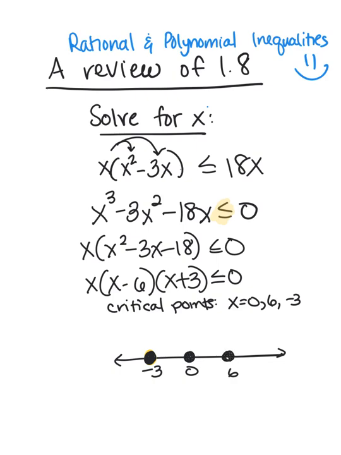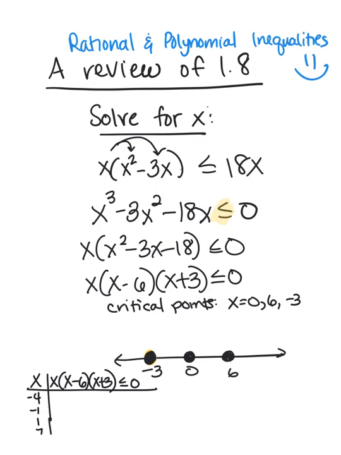And then I'm going to plug in some test points. Okay, so I'm going to rewrite x minus 6, x plus 3, and I'm looking to see where this is less than or equal to 0. So I'm going to be looking for negatives. Okay, so let me plug in a -4, -1, 1, and 7.